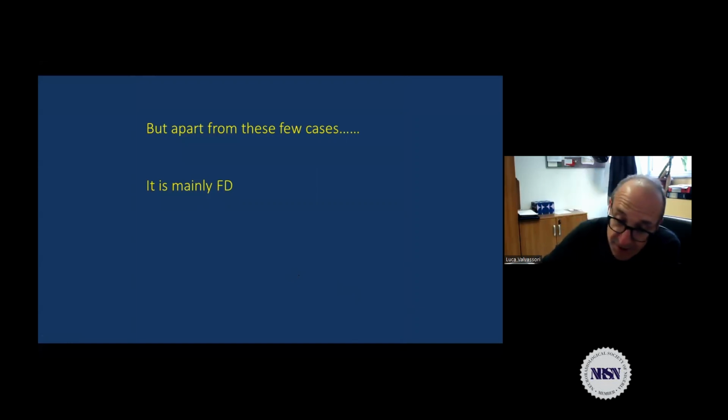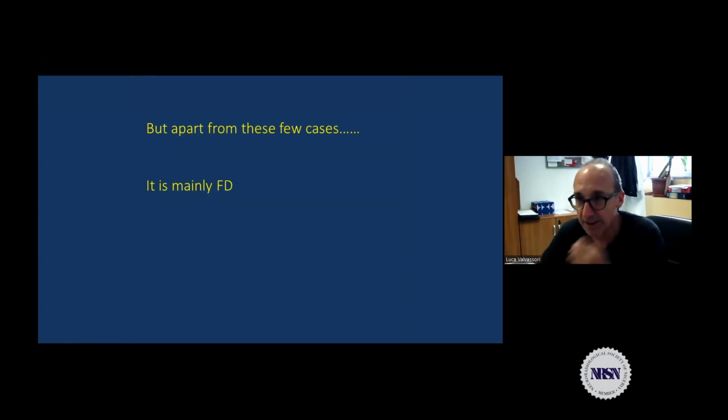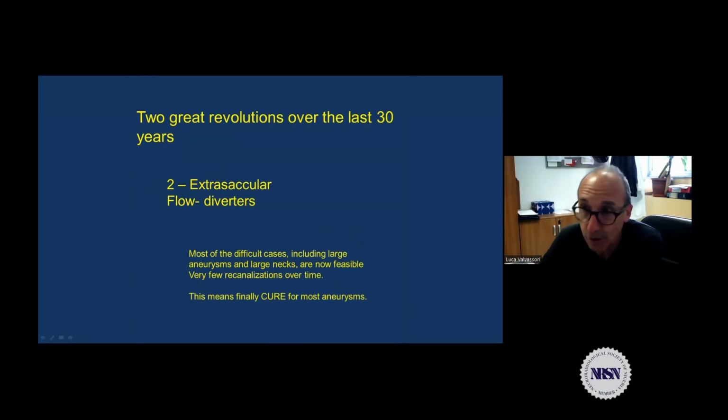But apart from these few cases, most of our cases of unruptured aneurysm are treated with flow diverters, which is the second big revolution of the aneurysm treatment in the last 30 years, the flow diversion. As I said, most of the difficult cases are now feasible thanks to this new technique, with really few recanalizations over time.